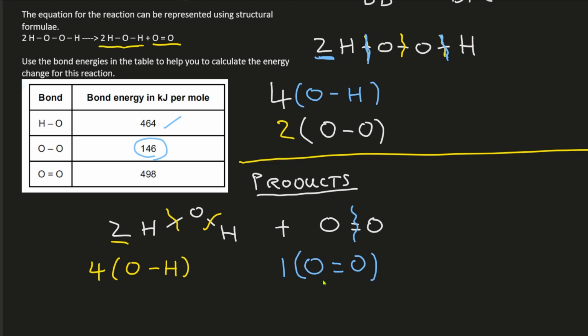And then what you do is you simply plug in the values for the bonds that have been broken. Now for the bonds that have been made, we'll do the products afterwards. Let's just do the reactants first.